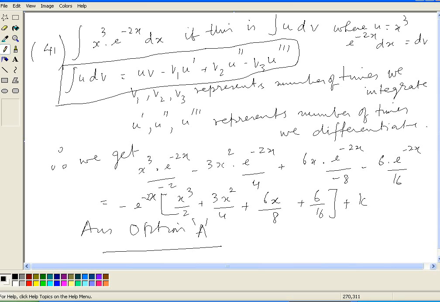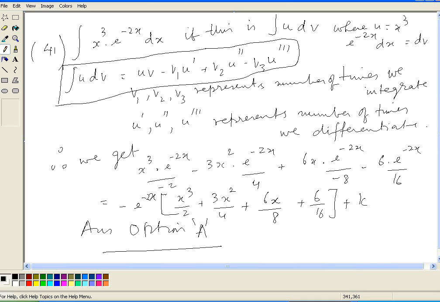Now u dash, u double dash and u triple dash represent the number of times we differentiate: u1 dash will be once we differentiate, u2 dash twice, u3 dash thrice.